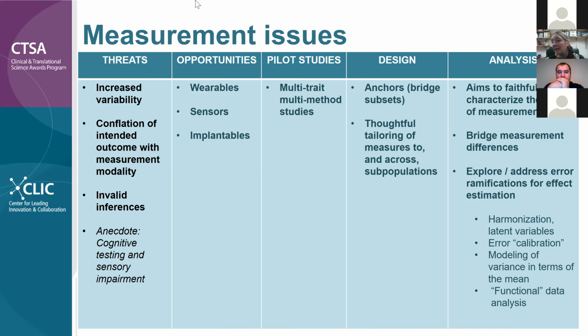And so then what can analysis do? Analysis aims to faithfully characterize the target of measurement by bridging measurement differences. You can see some specific methods for either exploring or addressing error ramifications. The middle two there, error calibration and modeling the variance in terms of the mean, are ways to address measurement errors.